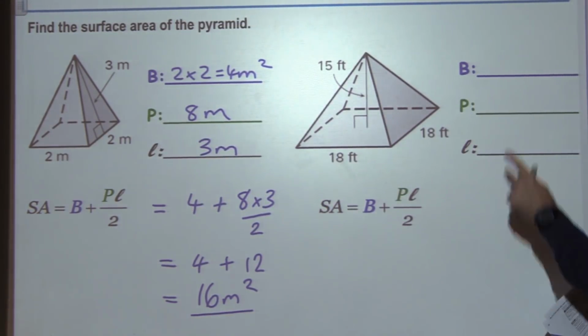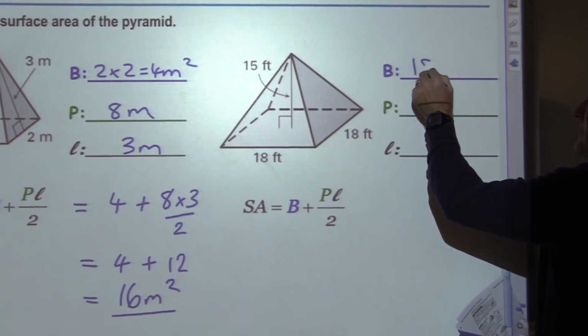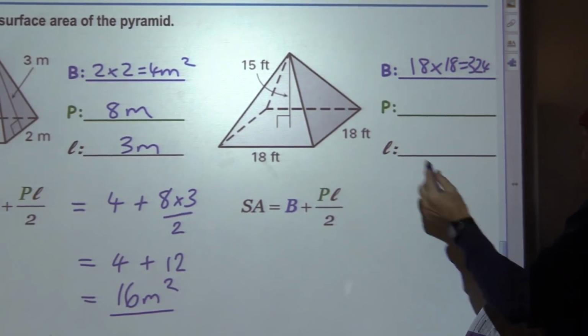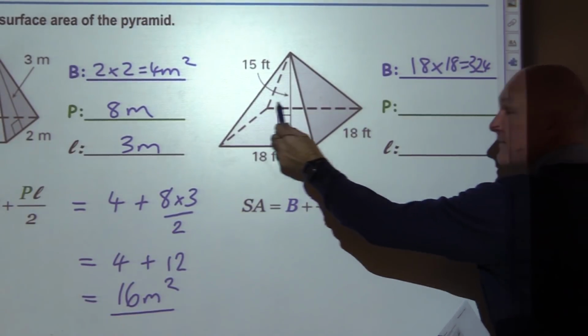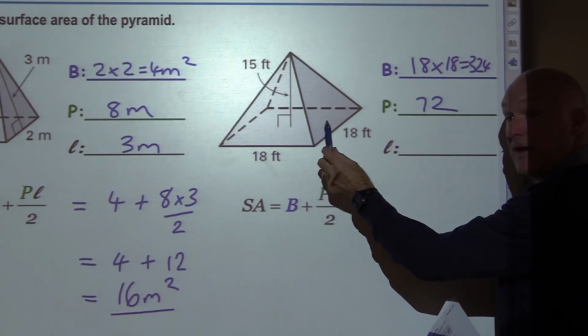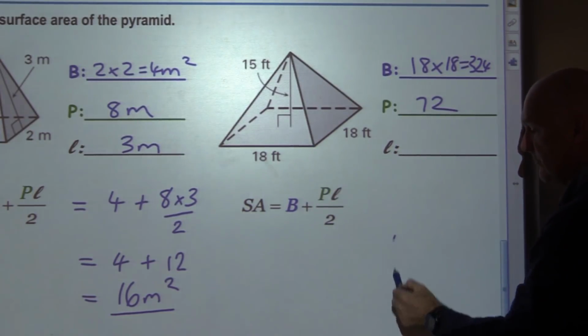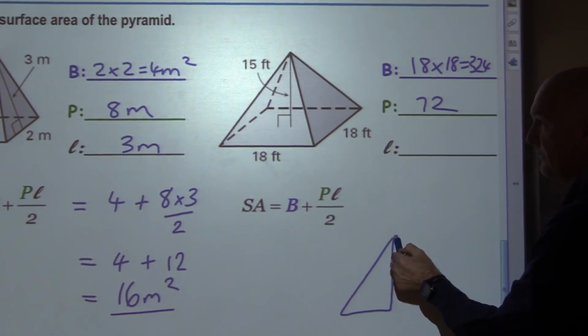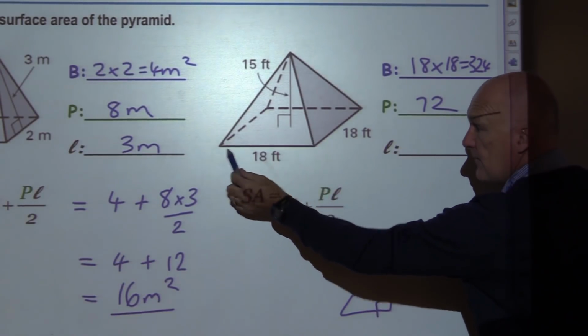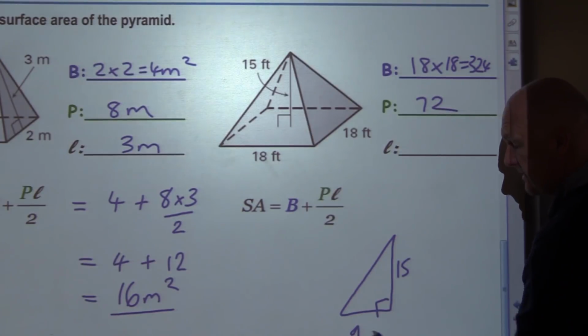This one, the base, 18 times 18, which is 324. The perimeter, 4 times 18, gives me 72. This time I do need Pythagoras. Okay, I'll draw it down here. This one, 15. We've got half of this side, which is 9.